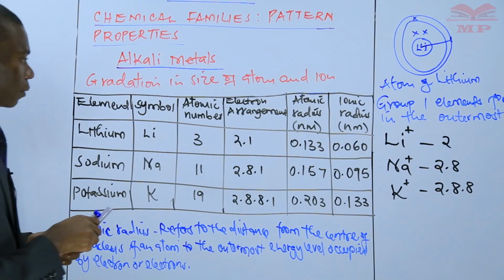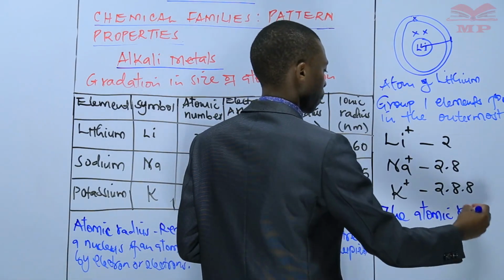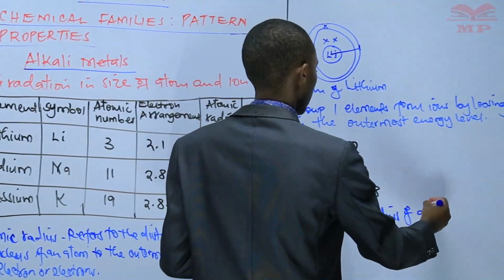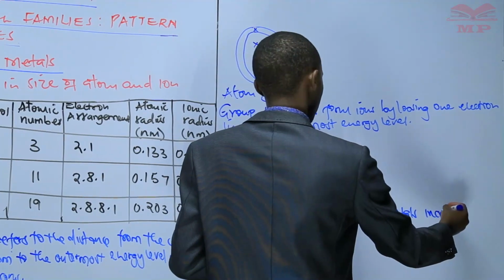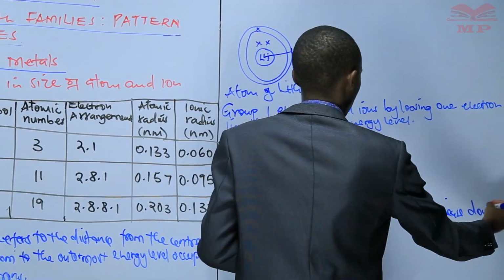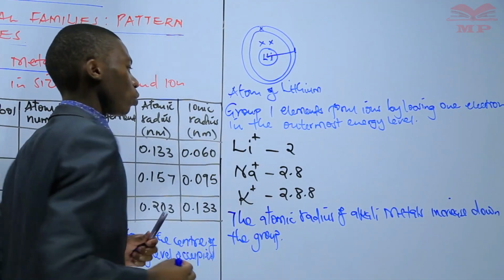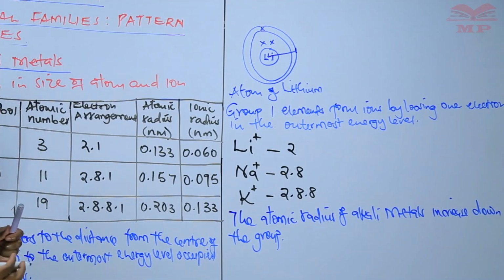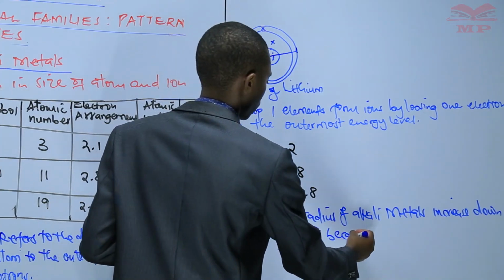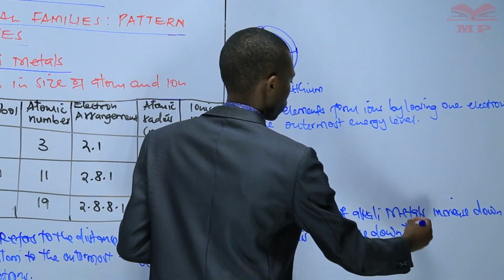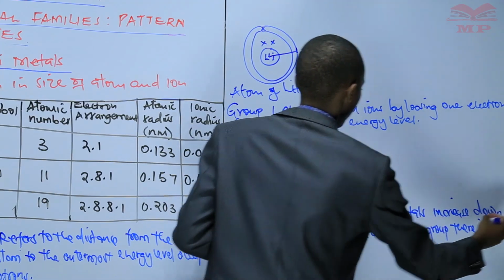So the atomic radius of alkali metals increases down the group.